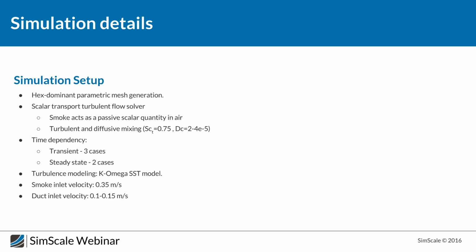So we have to define two parameters that define how these solid smoke particles inside air move around. One of them is the turbulence Schmidt number, the first parameter here, and the second one is diffusivity. For the turbulence Schmidt number, we normally have a range close to 0.7 to 0.75. So unless you know that you have to use a different parameter, just use the one that we've provided here or that we have by default on the platform.